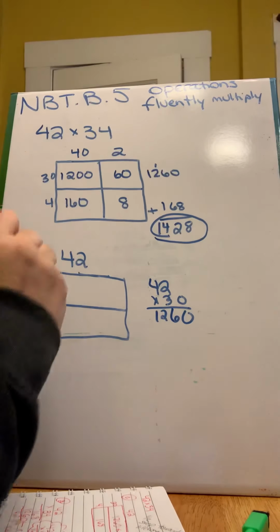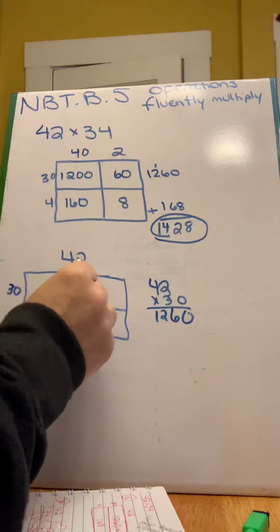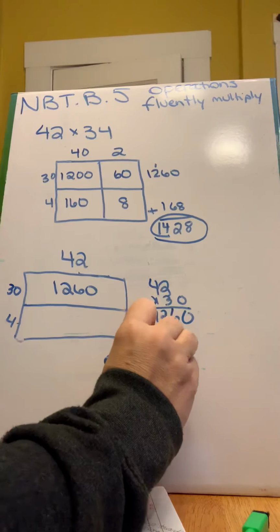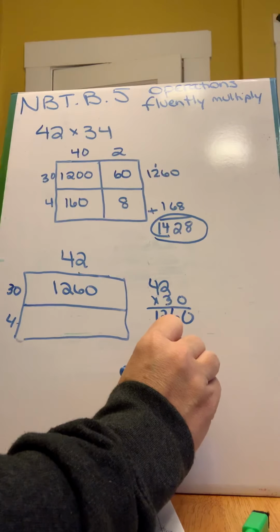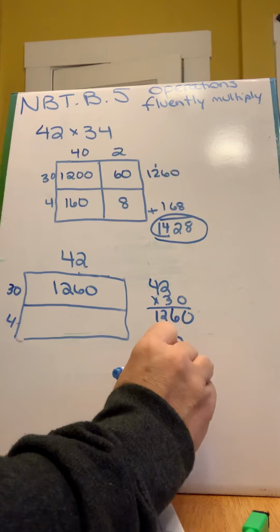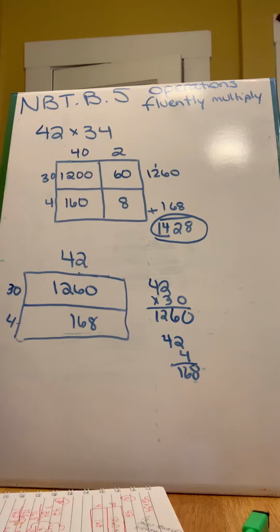1,260. That looks familiar. 1,260. And then we'll have 42 times 4. 168. What do you know? Okay.